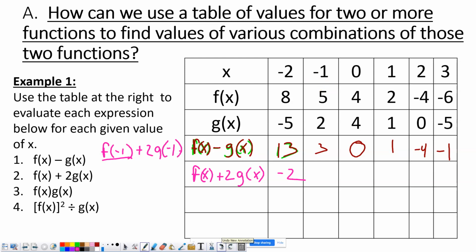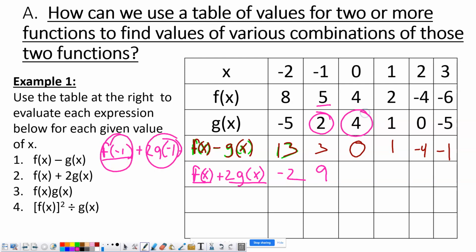But it's a little bit easier than that. All you're doing is you're taking the f and adding it to 2 times the g. So for instance, what's 5 plus 2 times 2? 2 times 2 is 4, right? So if you add 5 to it, you get 9. So in other words, we're doubling the g and adding the f.